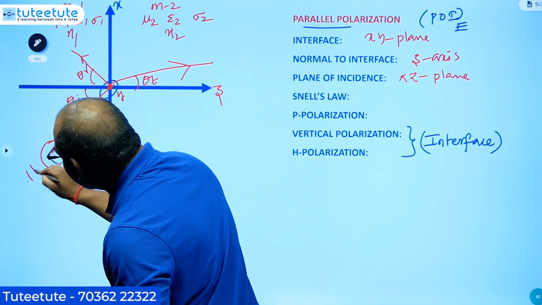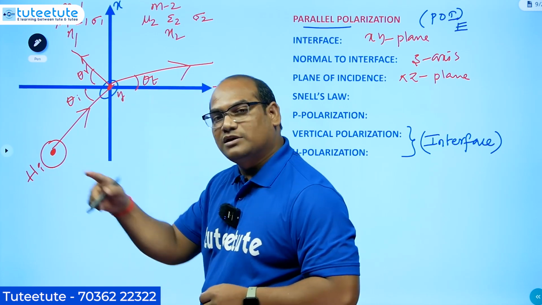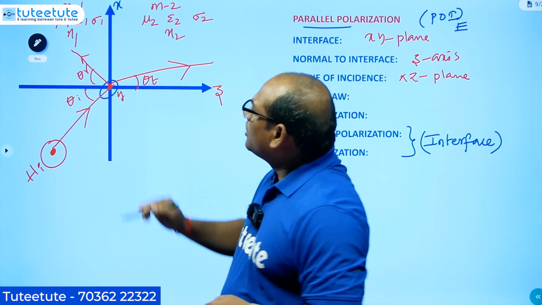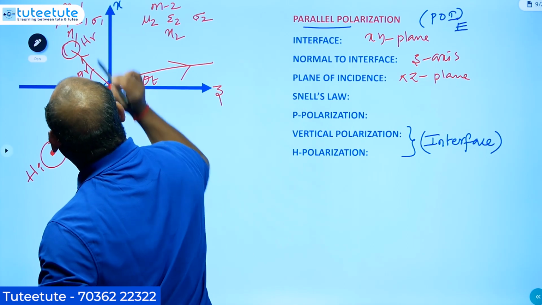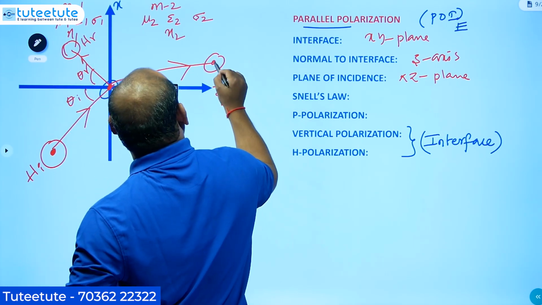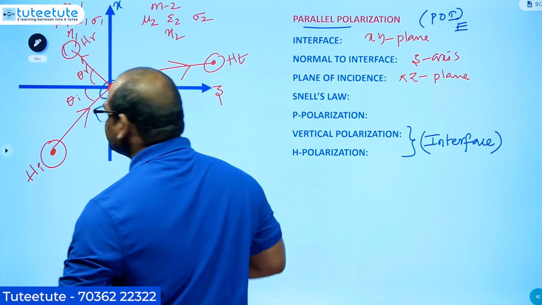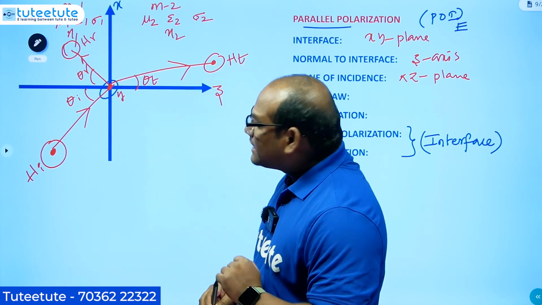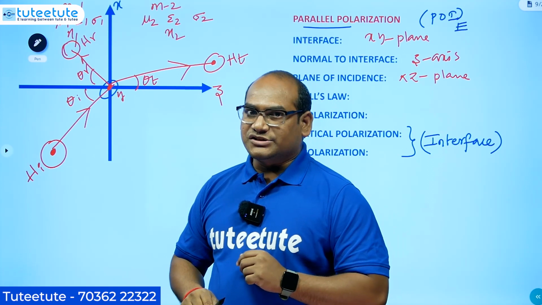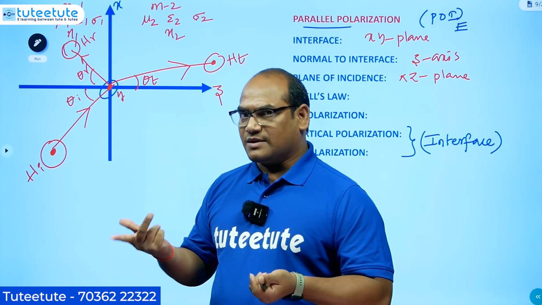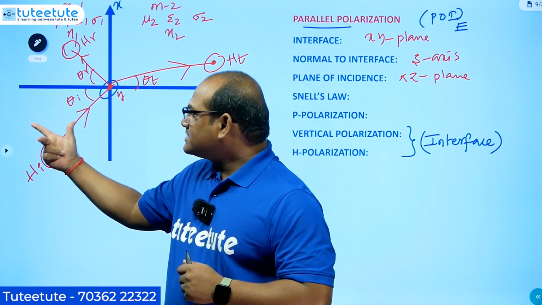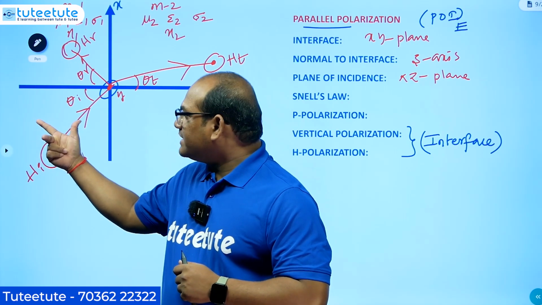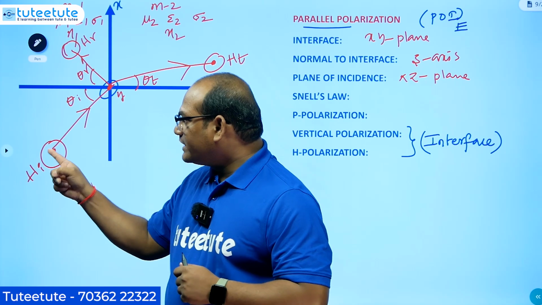So this is H i now. The magnetic field is perpendicular to the plane of incidence. Here also we take H r like this, and H t like this. Then how do we represent the electric field orientation? Again by using the right hand thumb rule. This thumb represents the direction of propagation, the forefinger represents the orientation of the electric field, and the middle finger represents the magnetic field orientation.